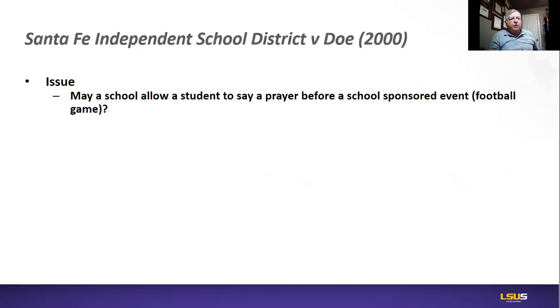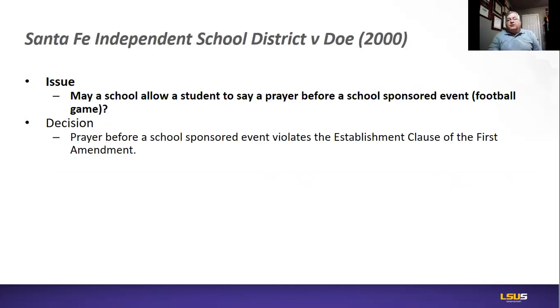The Supreme Court has already said that the clergy, an adult, can't do it. So the next question becomes, can a student do it? The Supreme Court has been very consistent in saying a school-sponsored prayer before any school-sponsored event is a violation of the Establishment Clause of the First Amendment.